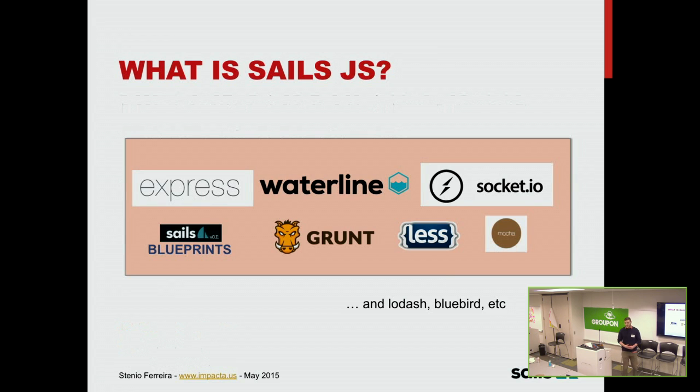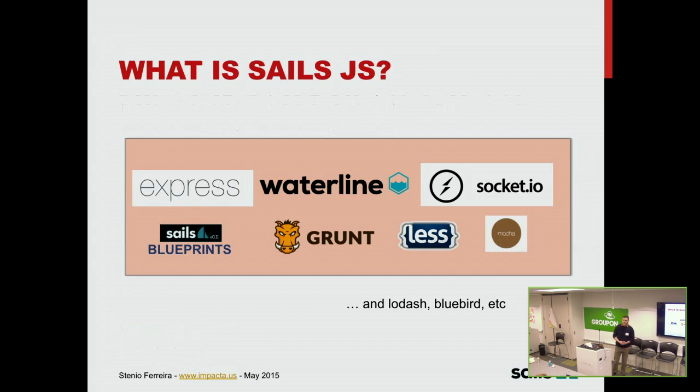So with that, what is Sails.js? Sails.js is a framework for Node.js, and it combines several existing technologies. You're going to see a few familiar faces you most likely have worked with or are aware of, like Express, Grunt, Socket.io, and perhaps a few that you have not. Just a note, let's say the latest version of Sails is 0.11 and is using Express 3.16 and Socket.io 1.2.